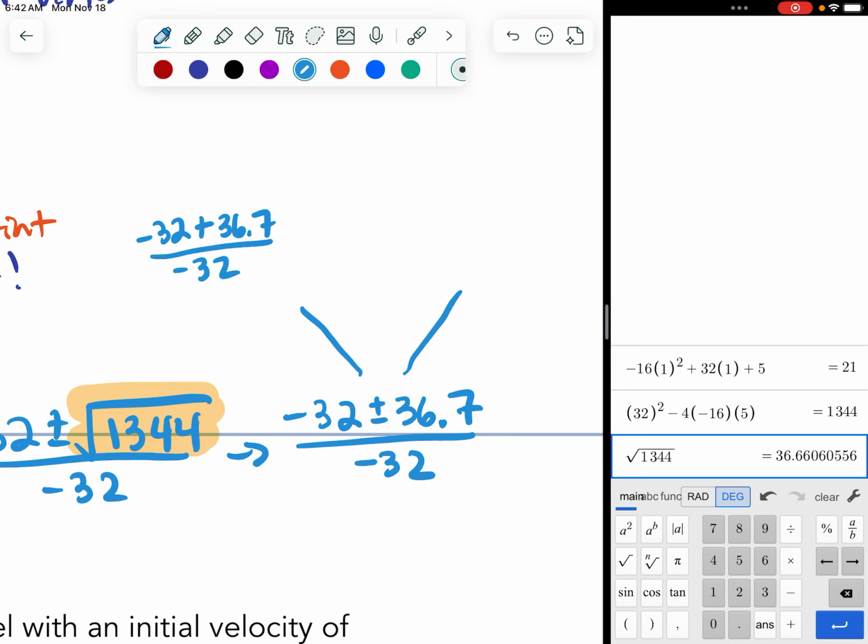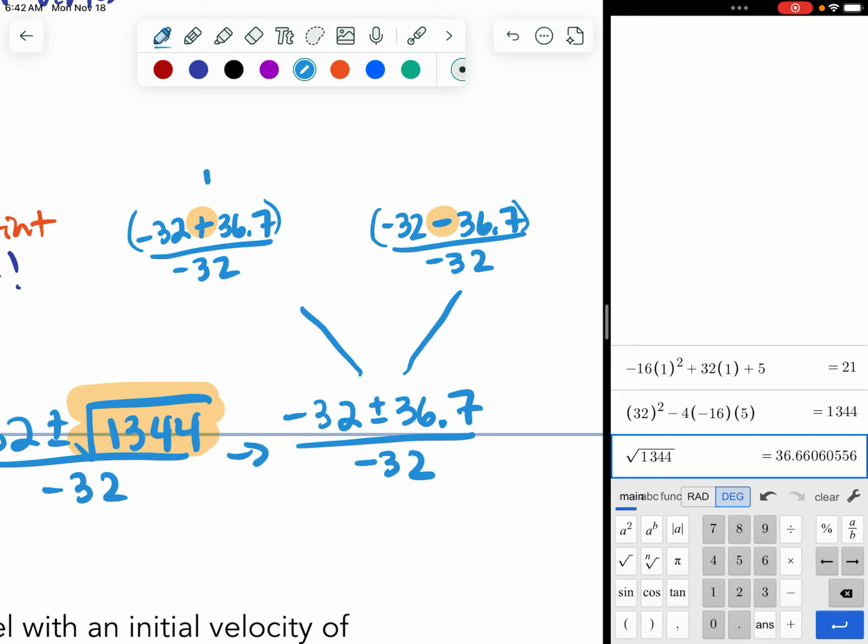The other one is negative 32 minus 36.7 divided by negative 32. Okay, see the difference in that plus and that minus? So now we're going to go back to the calculator. Two ways you can do this. You can do it all as one, but if you do it as one, you better put the top in parentheses, or just do the top and then do the bottom.